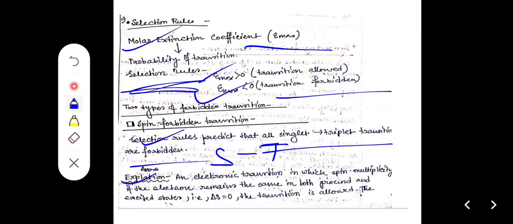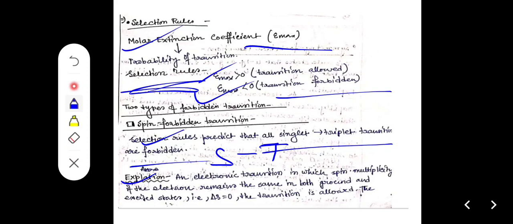Explanation: an electronic transition in which the spin multiplicity of the electron remains the same in both ground and excited state, that is del S equal to 0, means the transition is allowed. The spin selection rule is defined as del S, the overall change in spin, being 0. When no spin change occurs during the transition, it is called an allowed transition.